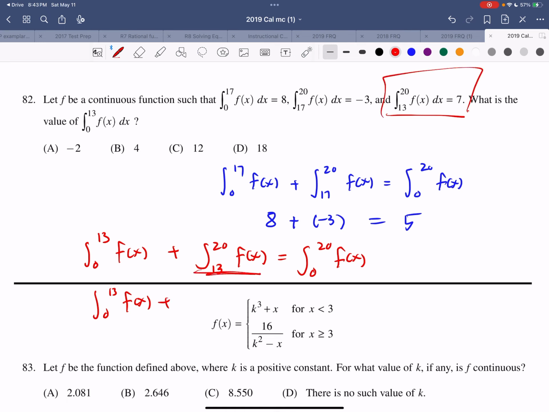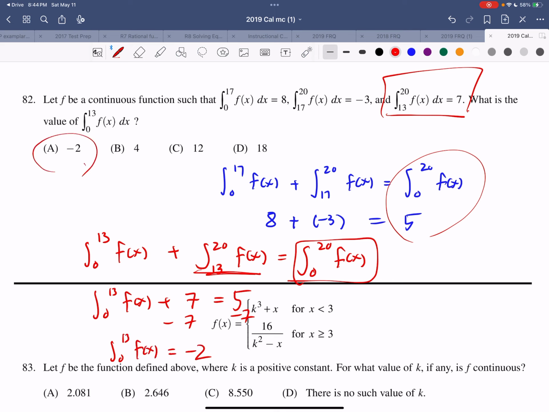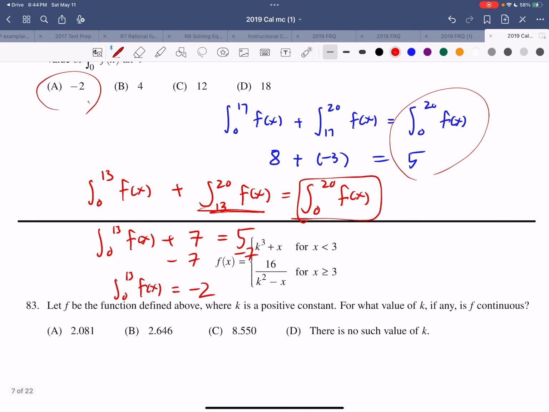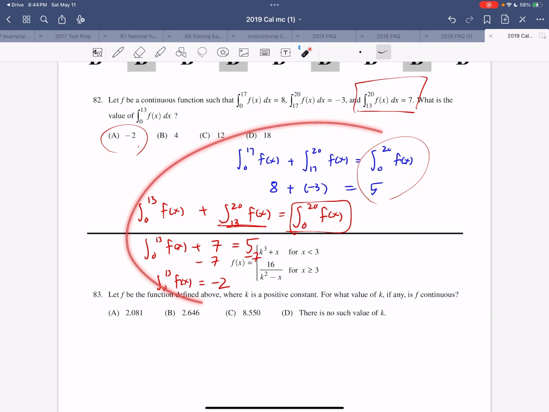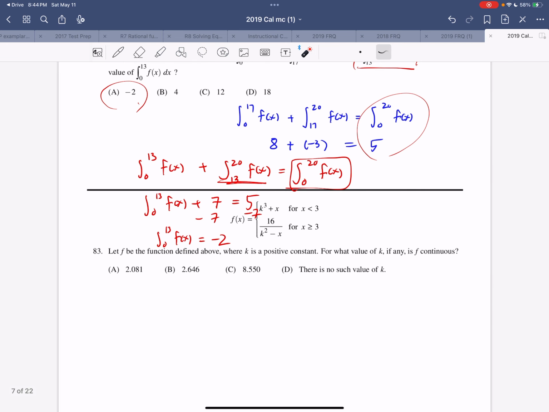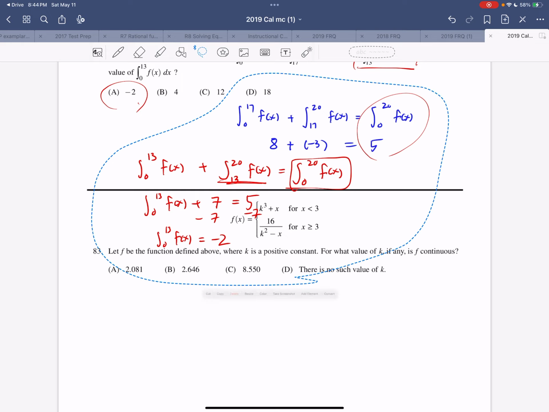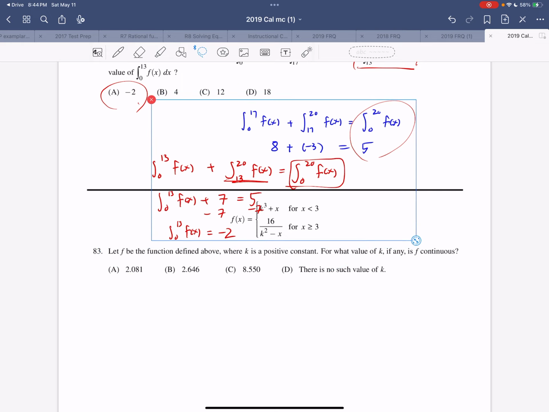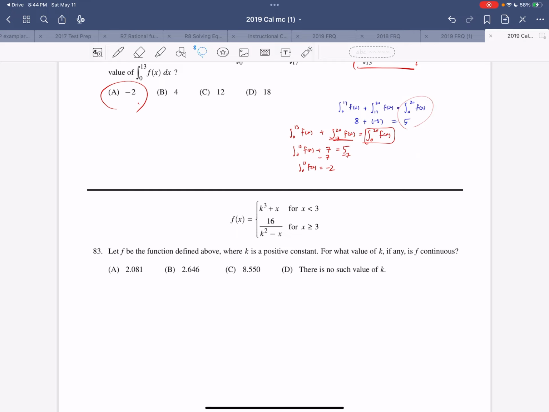That's going to be 7. So the integral from 0 to 13 plus 7 is equal to 5, which we just got here. So minus 7 on both sides, we get 0 to 13 of f of x is equal to negative 2. You can just do it like that. It's pretty simple, okay? Right now I used a lot of space here, but when you get used to it, I swear you're going to do it faster and easier, okay? Let me flex here. Do you see?